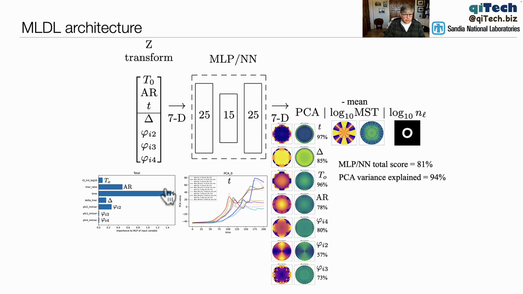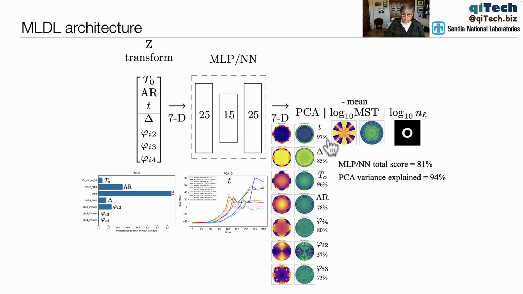A permutation feature importance analysis was done and analyzed also. Also to the right, there was an analysis I'll explain in detail to identify which principal component was predominantly associated with which of the input parameters.